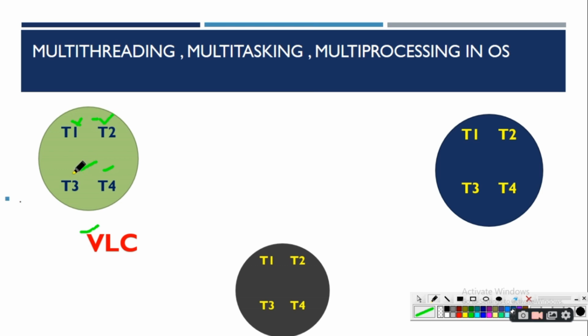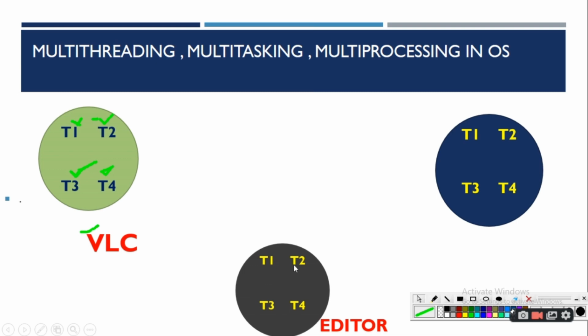There are four threads, T1, T2, T3, T4, and suppose that audio is played by the T1 thread, video by T2, controls of the video or audio by T3, and fast forward of the video by T4 in the VLC media player. So in VLC there are four threads running at the same time to give the user a better experience, and by this our application is also working efficiently.